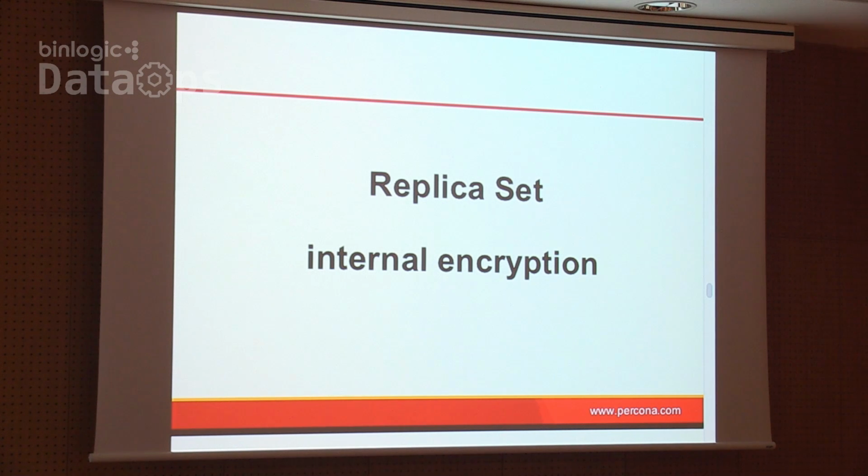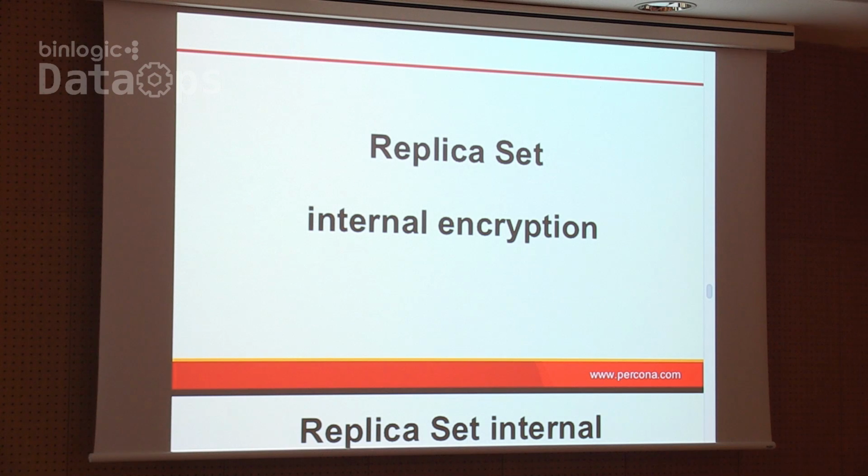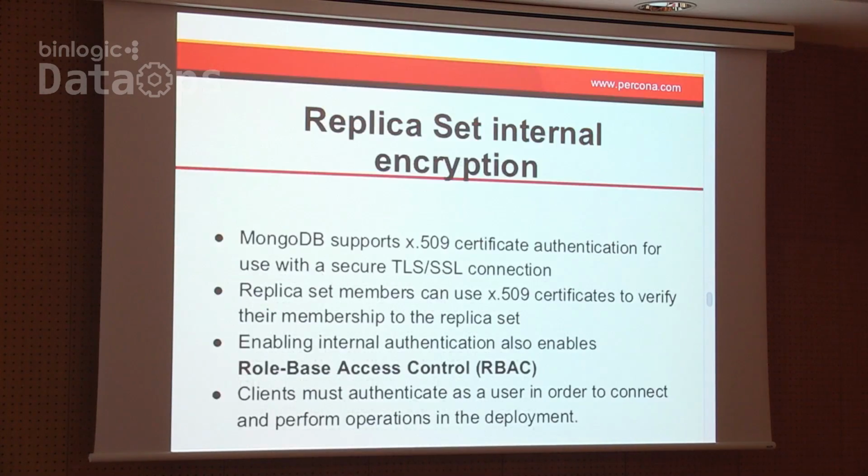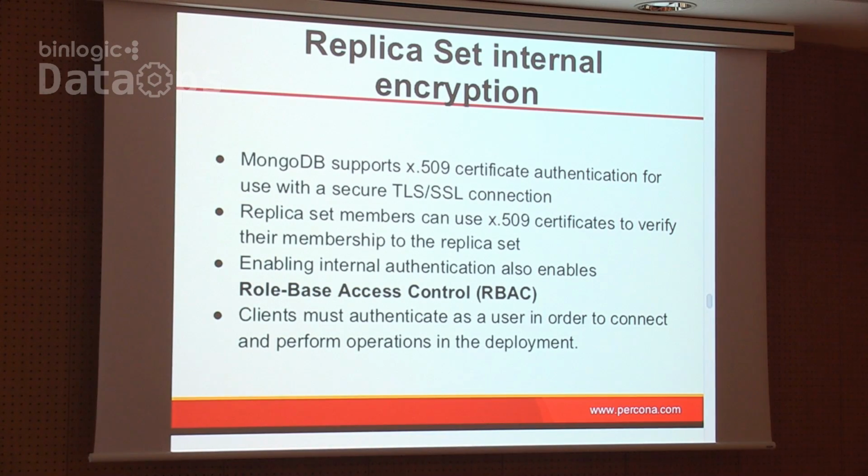So to be compliant with the GDPR, we need, in most cases, to encrypt internal connections. So how can we do this? We have just 8 minutes left, so I'm going really quickly.